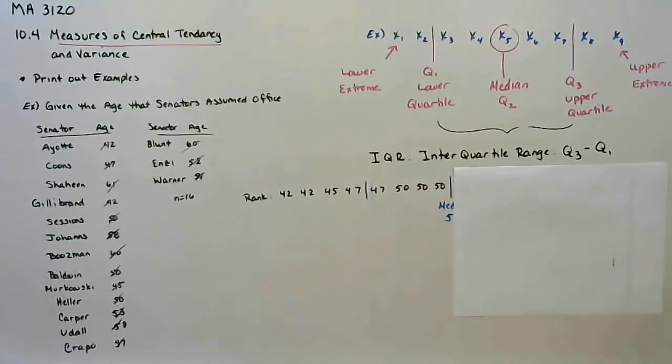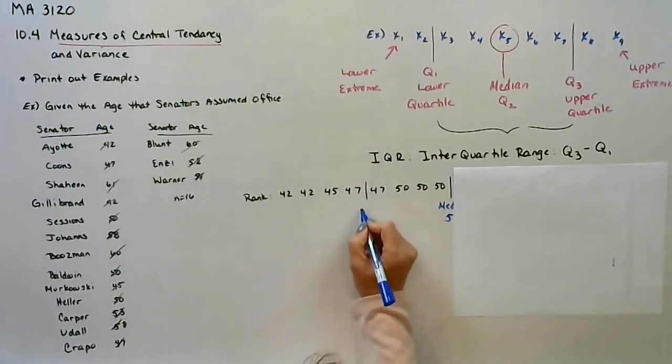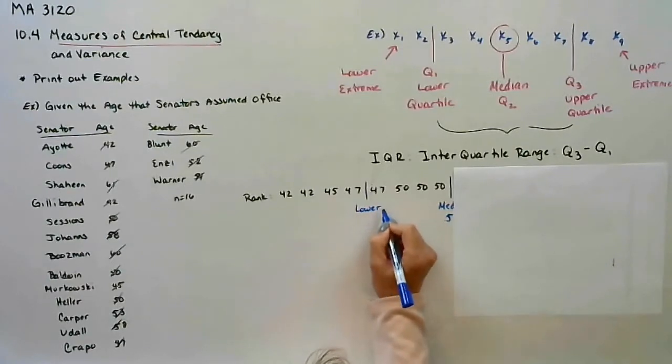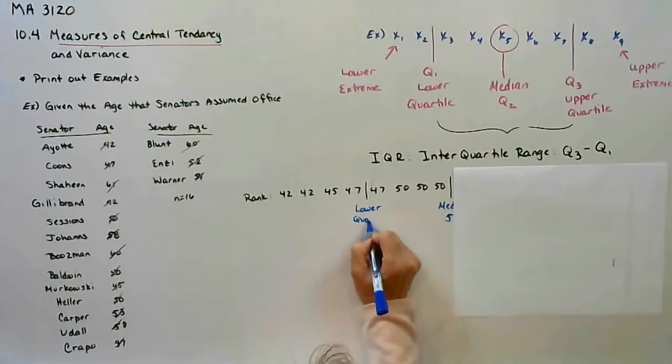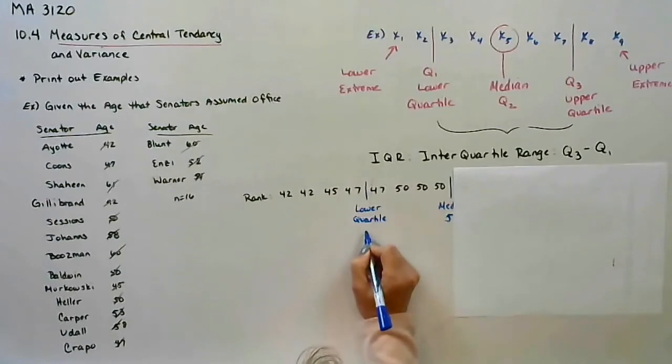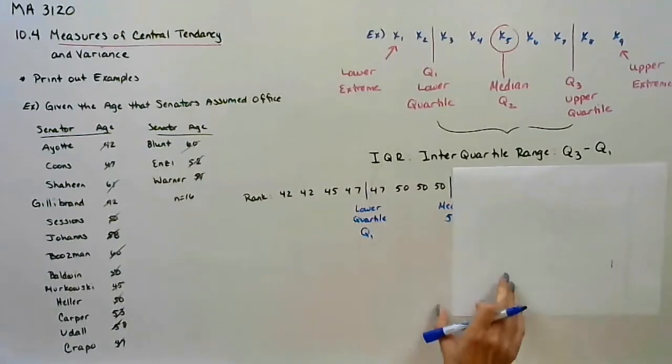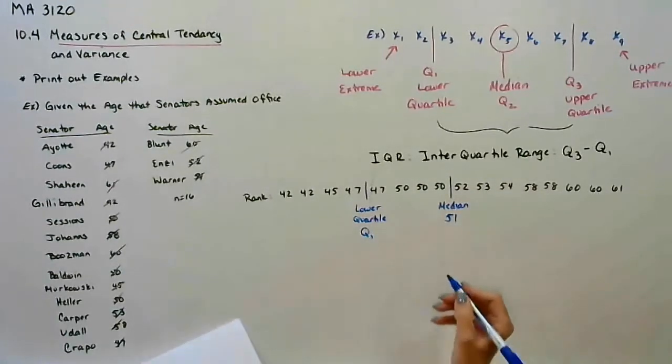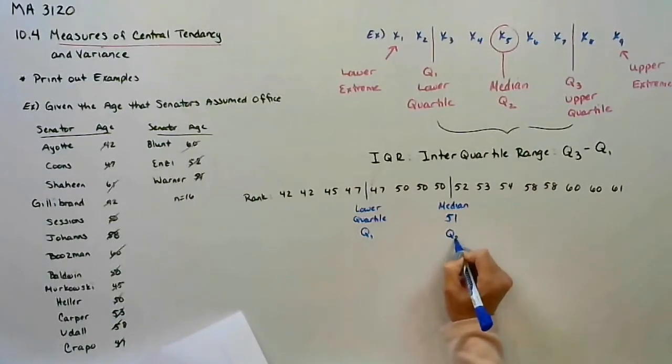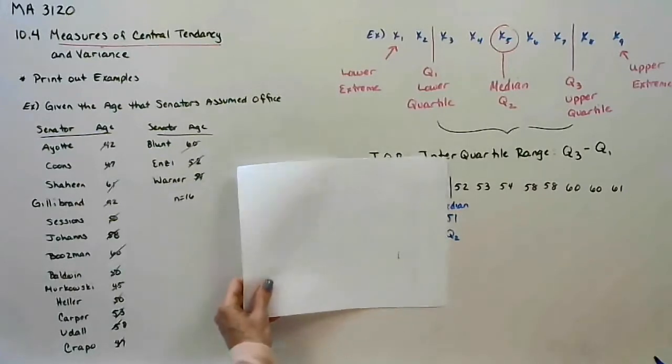And what's exactly between 47 and 47? Well, 47. Okay, so this lower quartile, this Q1 is 47. This median is always in the middle. It's our middle quartile.